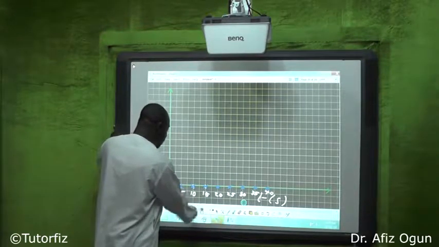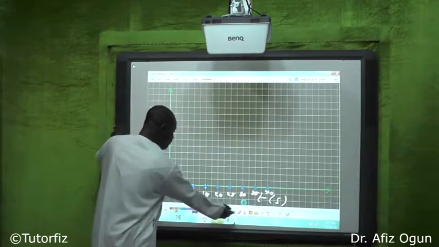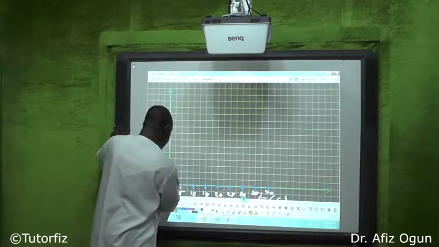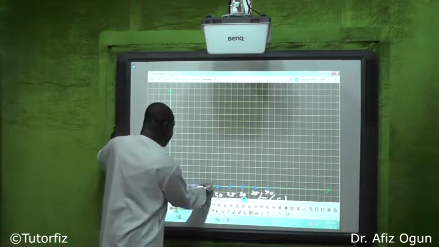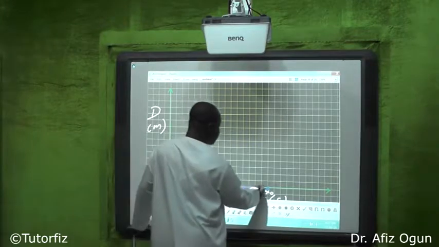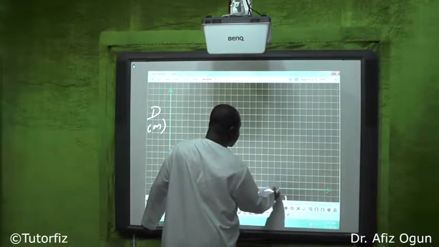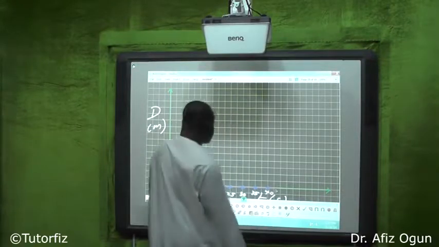The graph will surely look like this. A straight line, horizontal, parallel to the horizontal axis. You are still at home. This is what we are going to get.